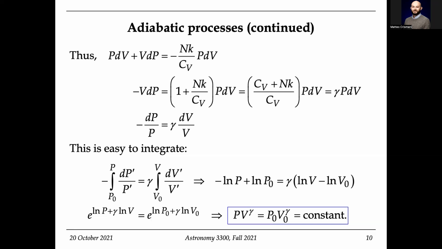You can integrate it, but you can also just learn that P times V to the gamma is going to be equal to a constant. So for an adiabatic process, there's a relationship between the pressure and the volume. Of course, you can rewrite that volume in terms of the density if you care about it. And you would do that, for example, P over rho to the gamma, right? And then you would get a constant.